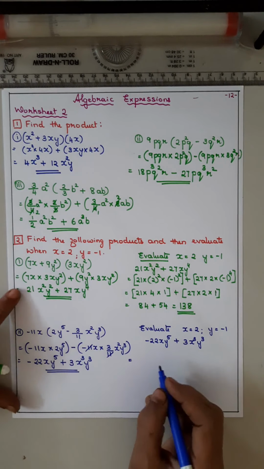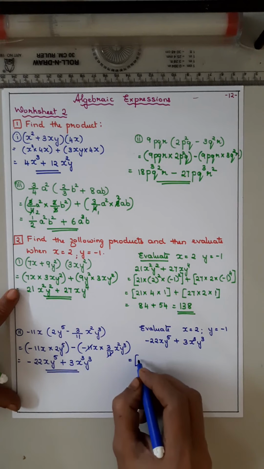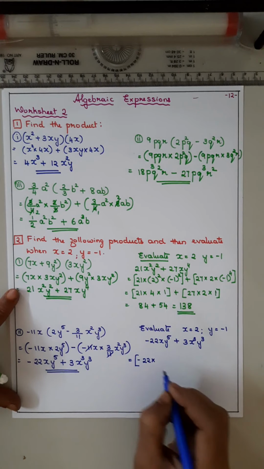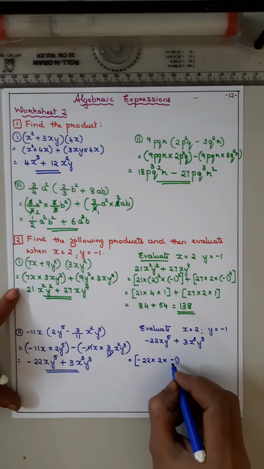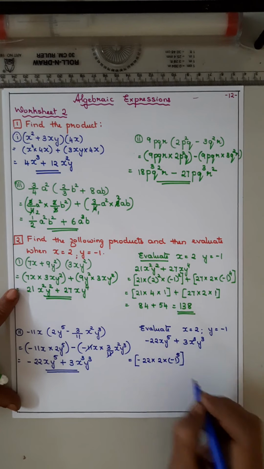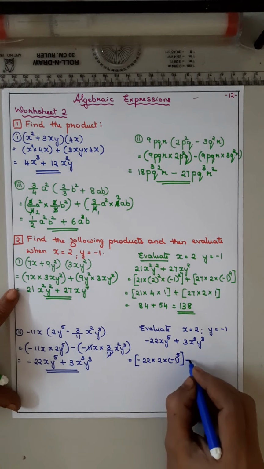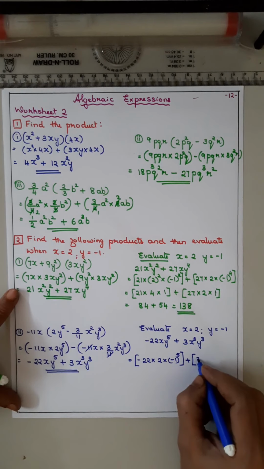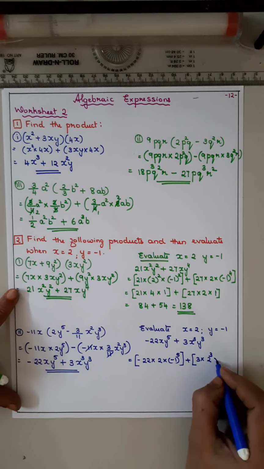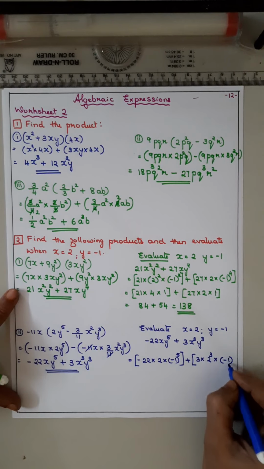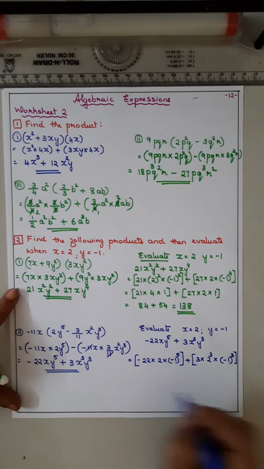Okay, we'll put the values, bracket open, minus 22 into x is 2, y is -1 to the power 5, bracket close, plus 3 into x cube, that is 2 cube, into y, that is -1 cube.